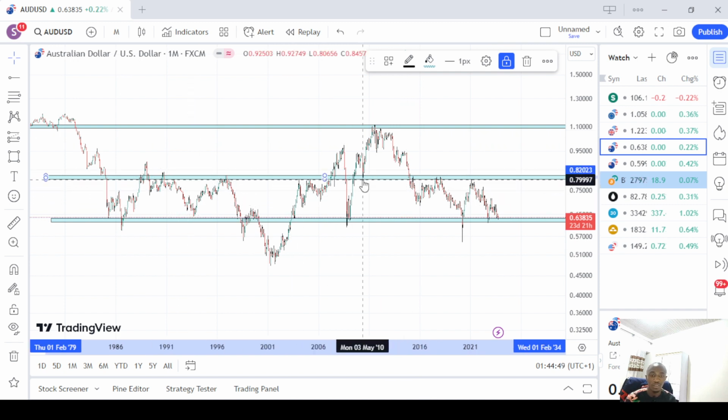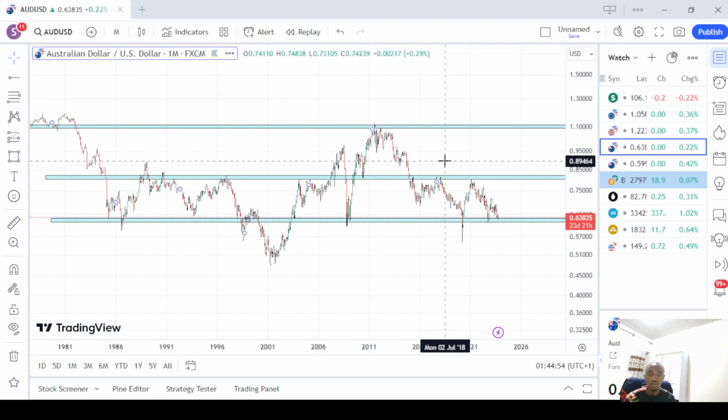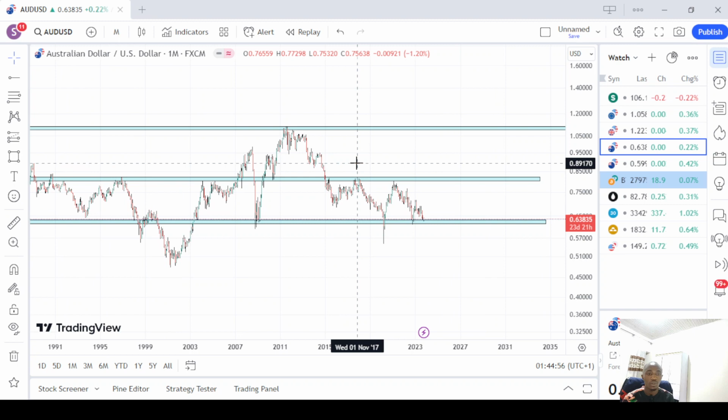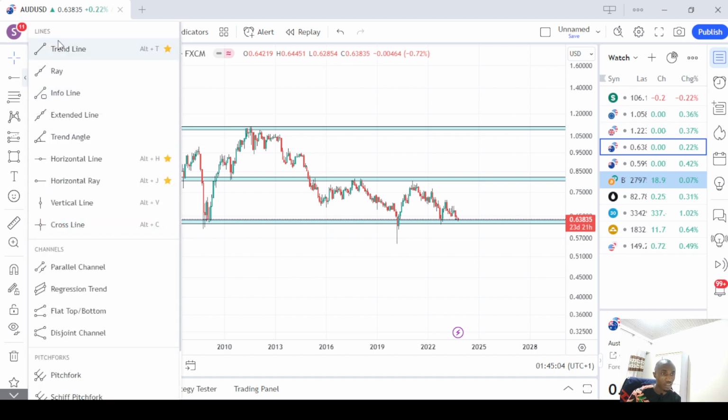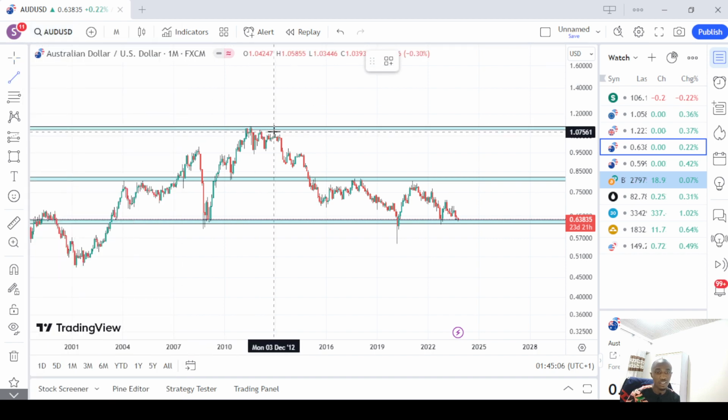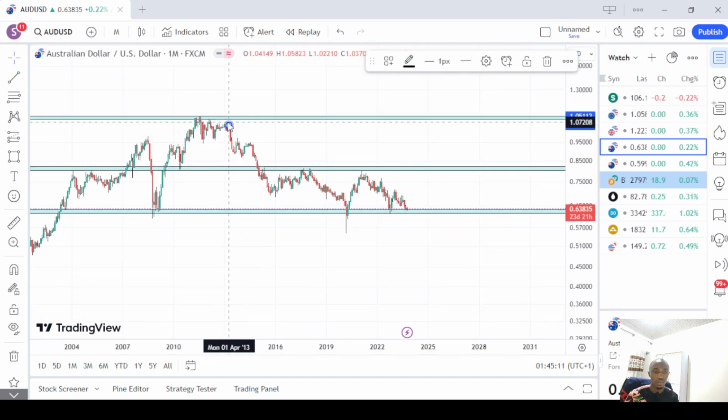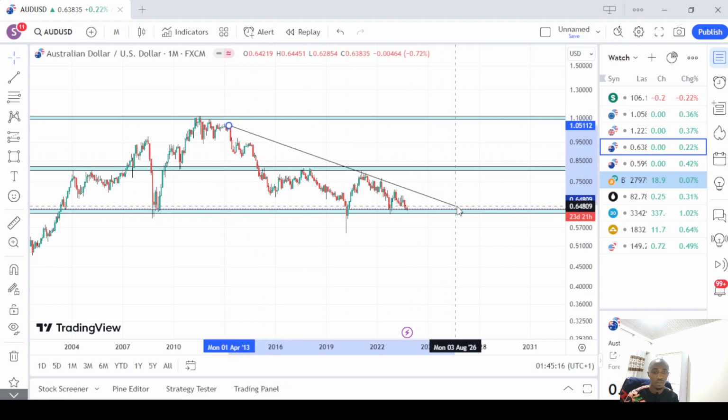Does it mean it is about to turn? We watch out. So I will have a trend line. It's clearly showing from here. I have a trend line here, meeting this.